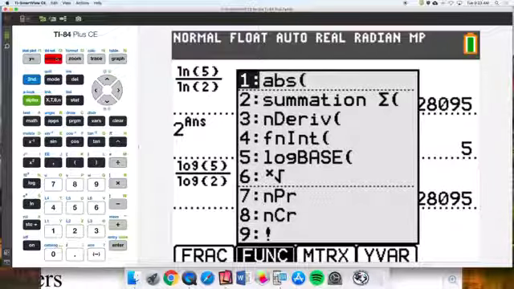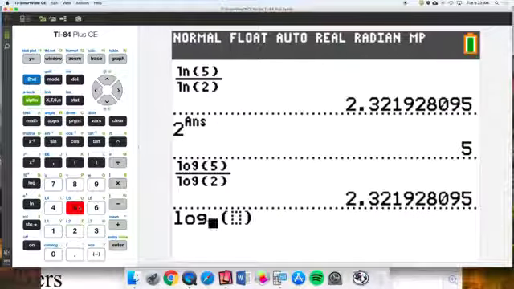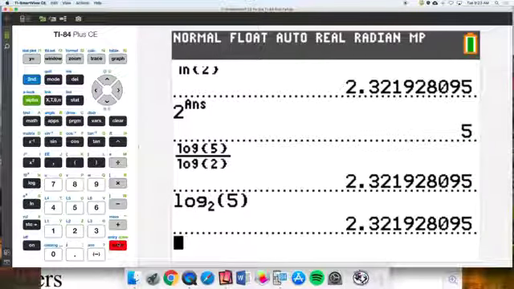Look at menu number 5. It says log base. Look what it does in math print. It gives you little boxes into which you can type not just your argument, but also your base. So you could type in a base 2 for the subscript and a 5 for the argument and hit enter. And you get the same answer.